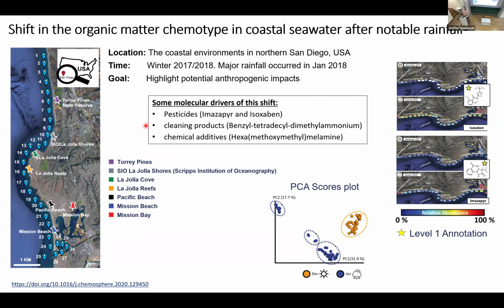And the 2018 data that we're going to use was sampled after a heavy rainfall. So we will look at the shift in the chemotype of the data after a lot of xenobiotics have been flooded into the sea. If you have any further questions about the data, ask Daniel when he's here.